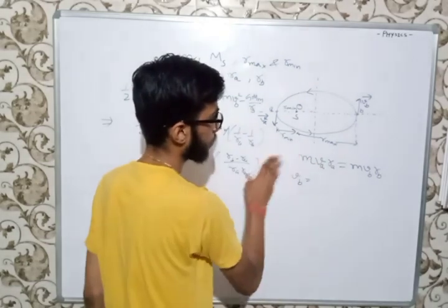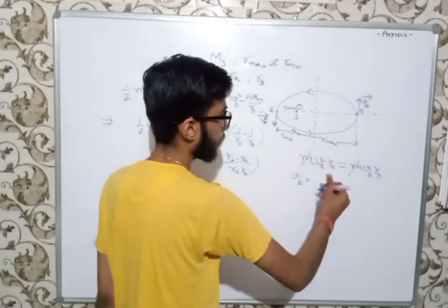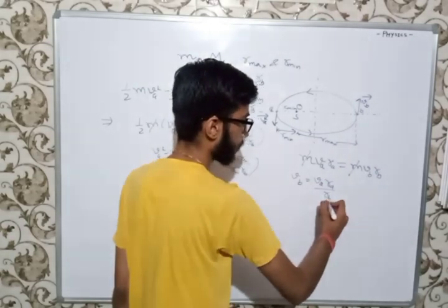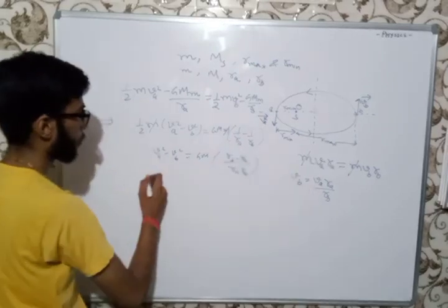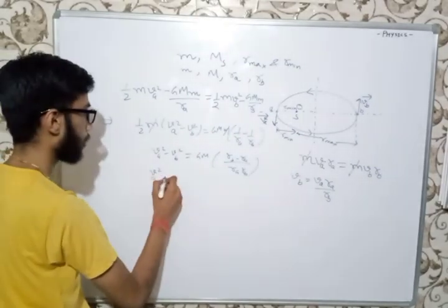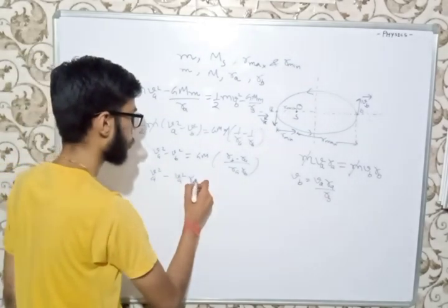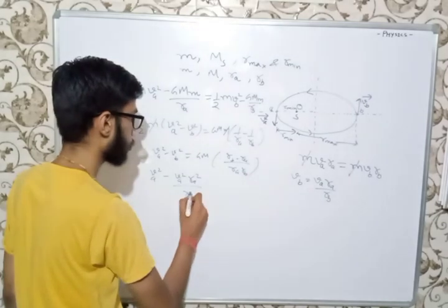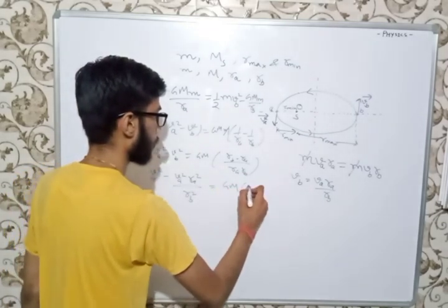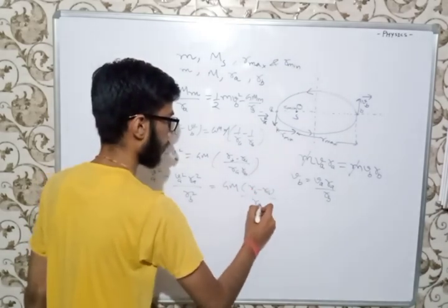M will cancel each other, so VB is VA RA upon RB. Just substitute, so it will be VA square minus VA square RA square over RB square equal to GM (RB minus RA) upon RB.